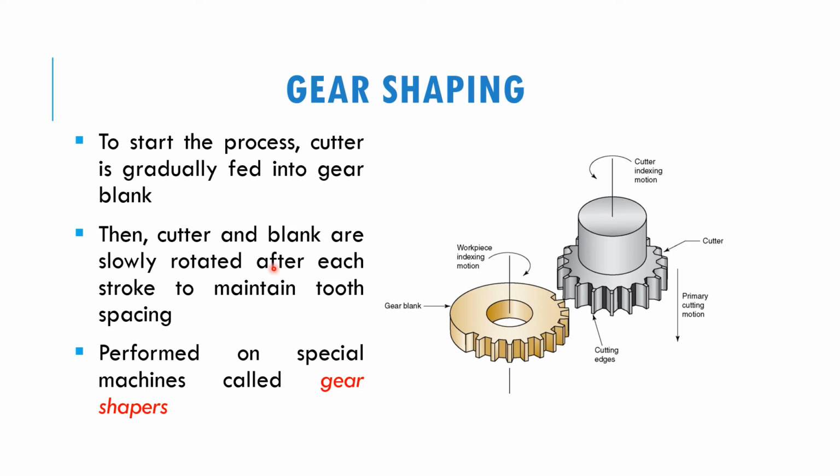The cutter and blank are slowly rotated after each stroke to maintain tooth spacing. This operation is performed on a special machine called a gear shaper.